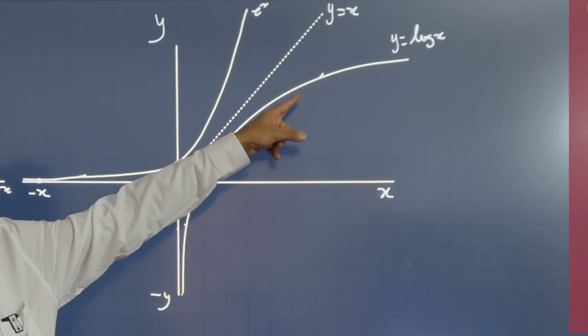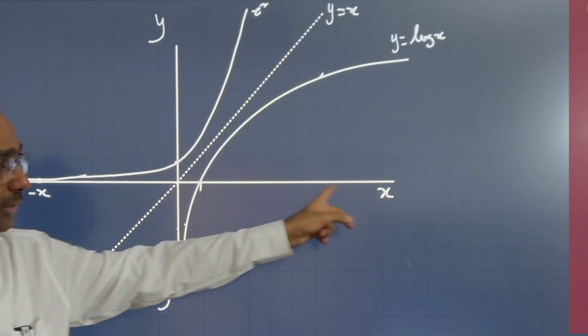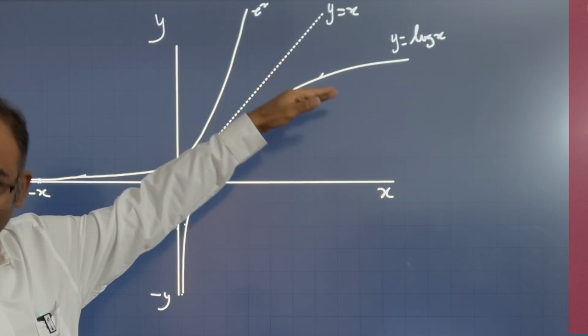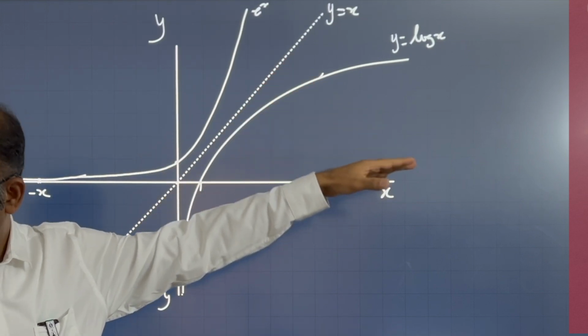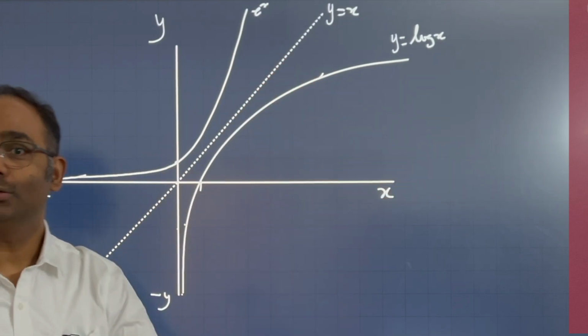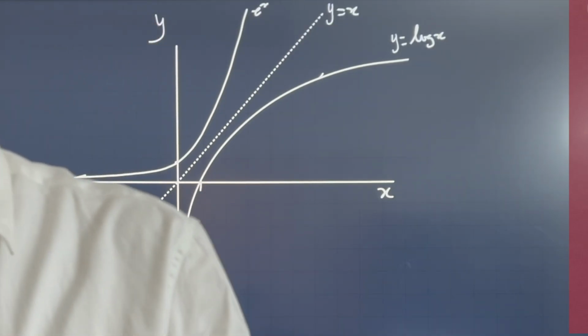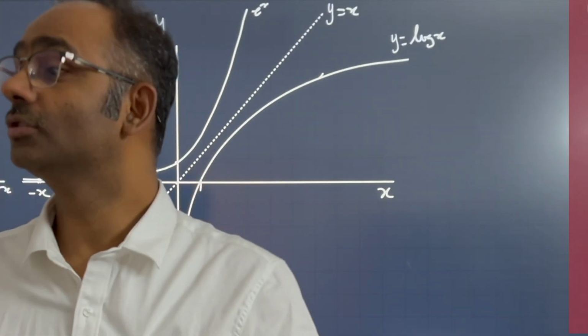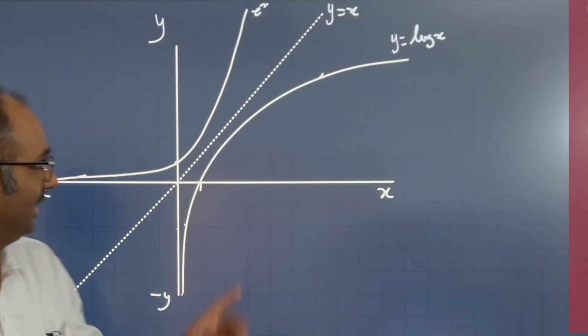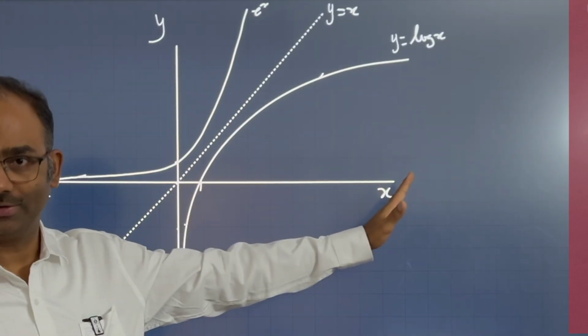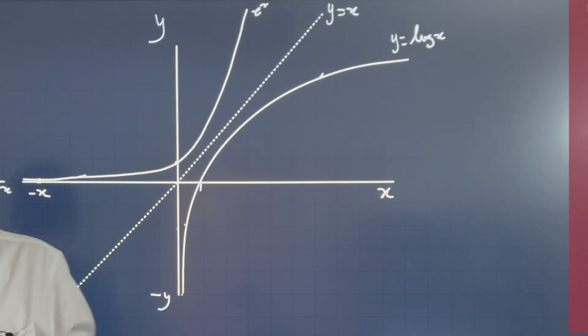But the log function is growing way slower than y equal to x. So x grows faster than log x, or log x grows slower than x, and I am thinking of only positive values of x because log is only defined for positive values of x.